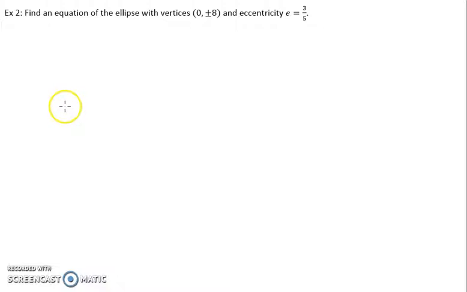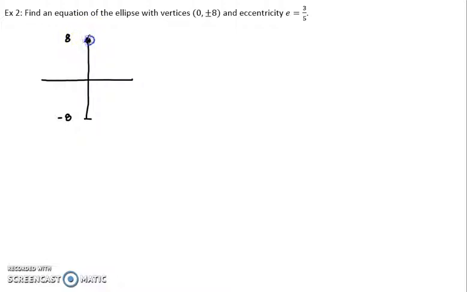This one is asking us to find the equation of the ellipse with vertices (0, plus or minus 8) and an eccentricity of 3/5. So just a quick sketch of what's going on here. Vertices are on the major axis. So I have a vertex here at 8, a vertex here at negative 8.